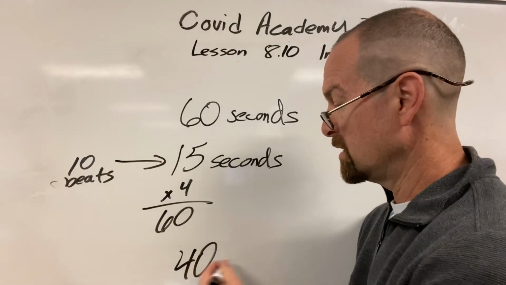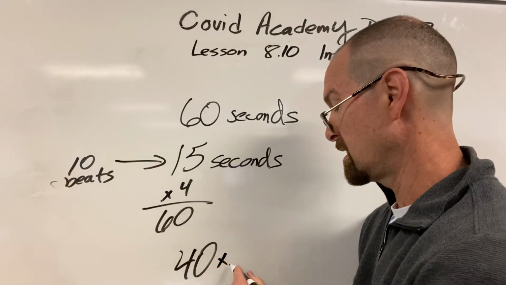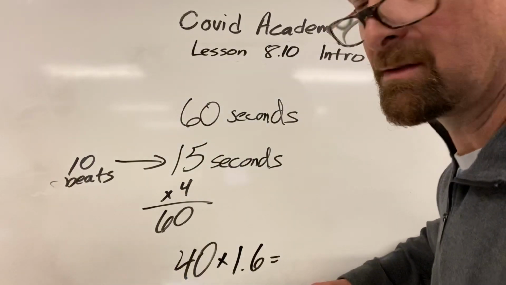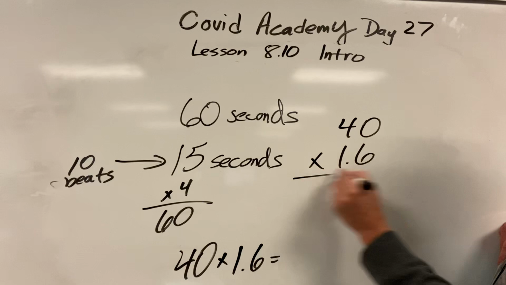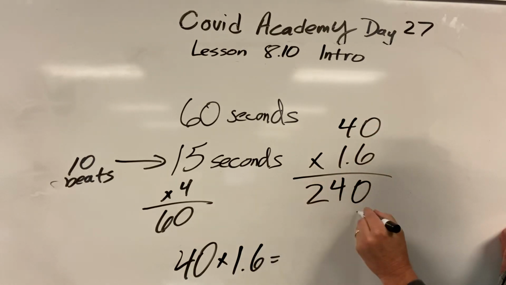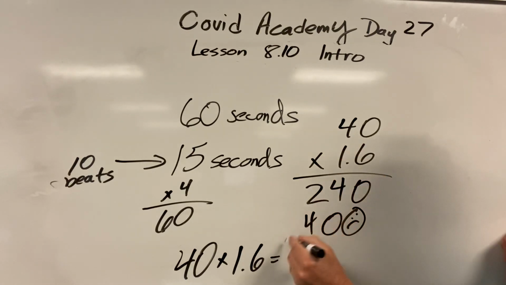So to figure out how much actual liquid that is, you'd have to do 40 beats in a minute times 1.6. Okay, and do you remember how to do that? Sure you do. You do 40 times 1.6, you ignore the decimal. 6 times 0 is 0, 6 times 4 is 24. And no one likes me. So 1 times 0 is 0, 1 times 4 is 4, 0, 4, 6.